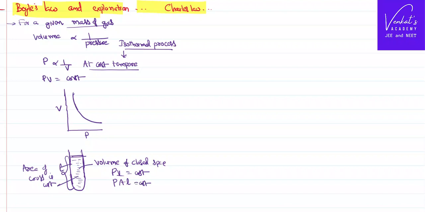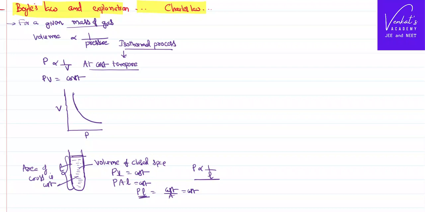As area is anyway constant, we can further prove pressure into length is constant by area, that is equal to another constant. So in this case, rather than proving pressure is inversely proportional to volume, at an experimental level we can prove pressure is inversely proportional to length.